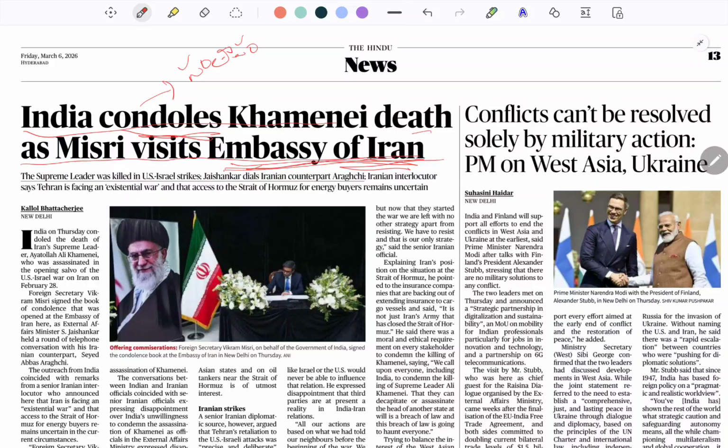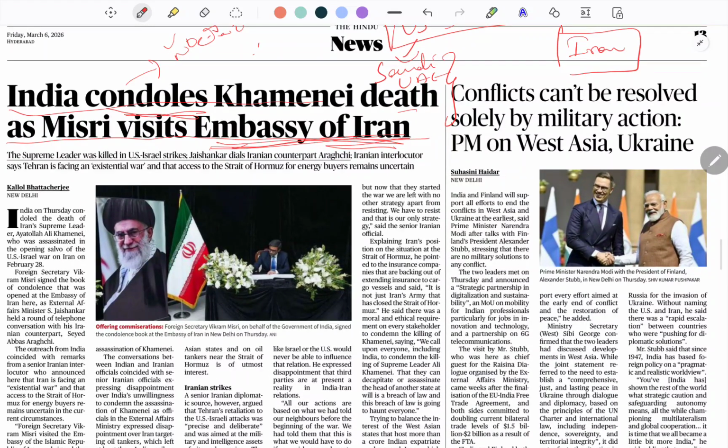Until yesterday, our Indian PM expressed concern for the bombings happening in Middle East countries, that is UAE, Saudi Arabia, with the US and Israel. This is one block, and Iran is the other block. Under the first we have Saudi, UAE, all the Arab countries. For Iran, China and Russia are openly supporting.